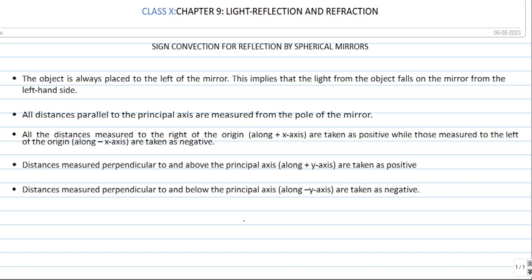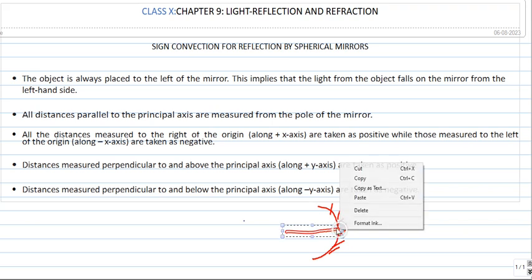The point we should note here is, when we draw a ray diagram, we have seen the pole and the principal axis. Say we will take a concave mirror for example and mark these points.